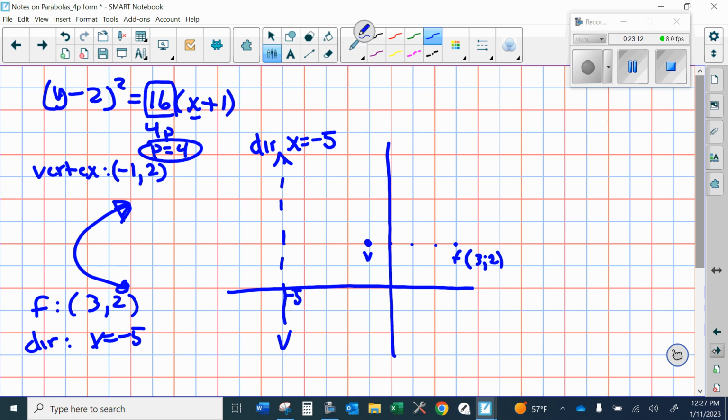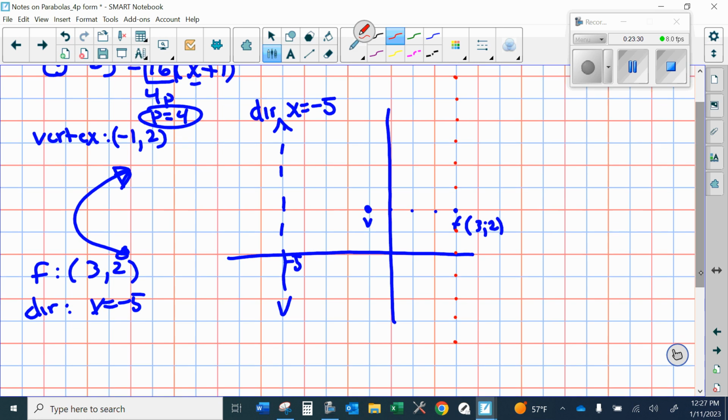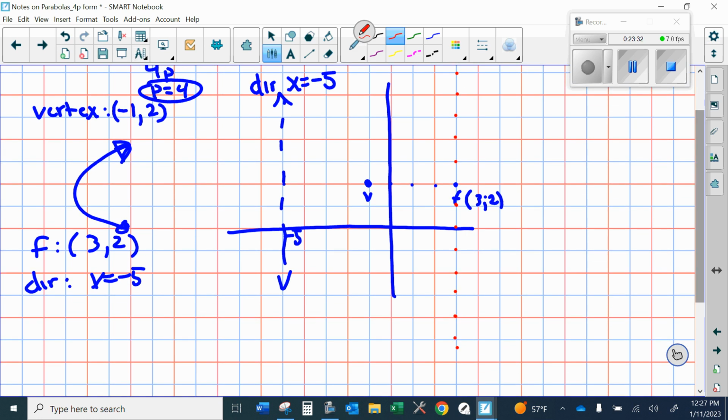Now, we know that 4p is 16, so I'm going up 8 and down 8. 1, 2, 3, 4, 5, 6, 7. Can I go up one more? 8. 1, 2, 3, 4, 5, 6, 7, 8.